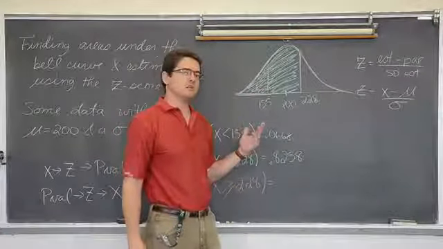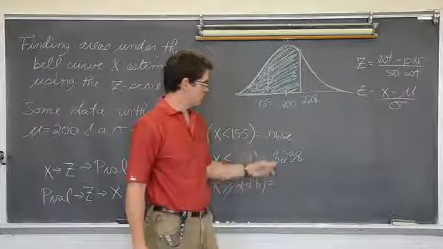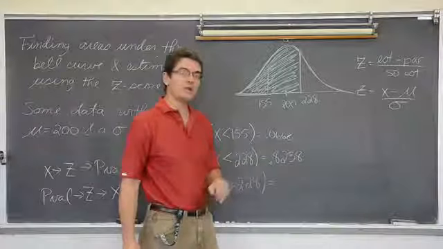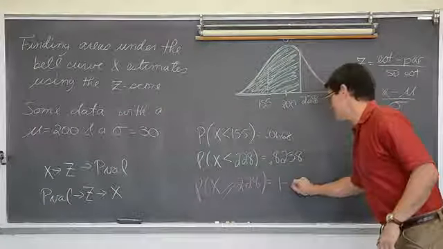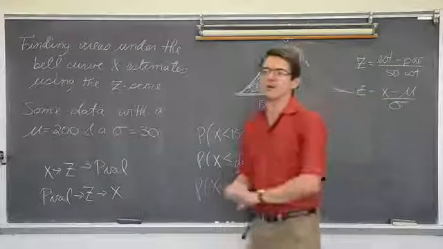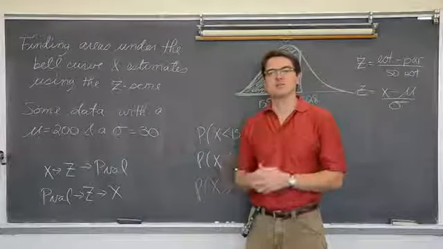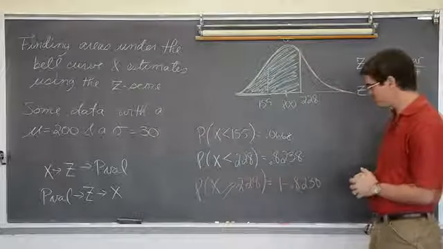Well, if it's a density curve, the area has to equal 1. Well, if the left side is 0.8238, the right side has to be what? 1 minus 0.8238. And I will be doing a video to show you how to use your calculators to get these numbers as well. I'm doing all these calculations as if we're reading a chart.